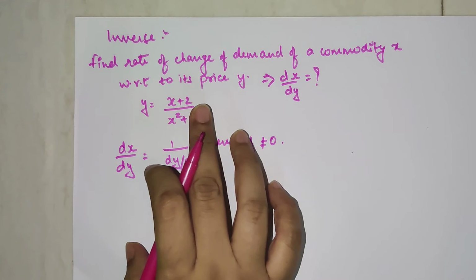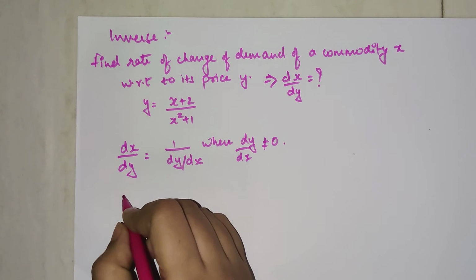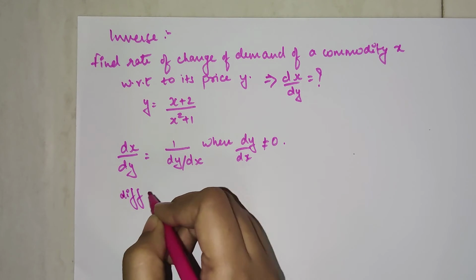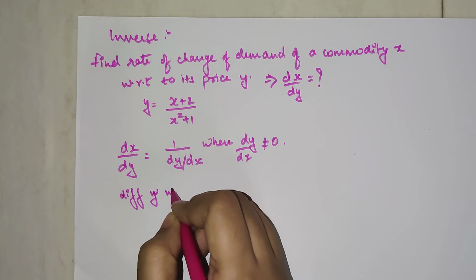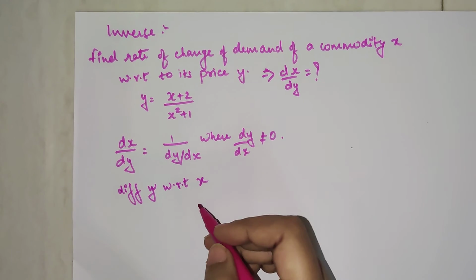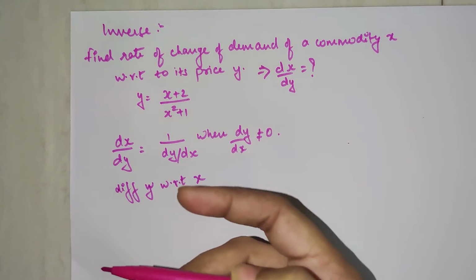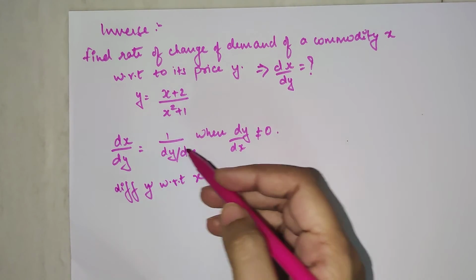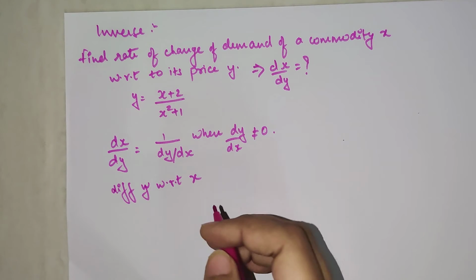Okay, so here what we will do is we will just differentiate y with respect to x, and then whatever answer we get, we take the reciprocal of that and substitute over here. That should be your final answer.